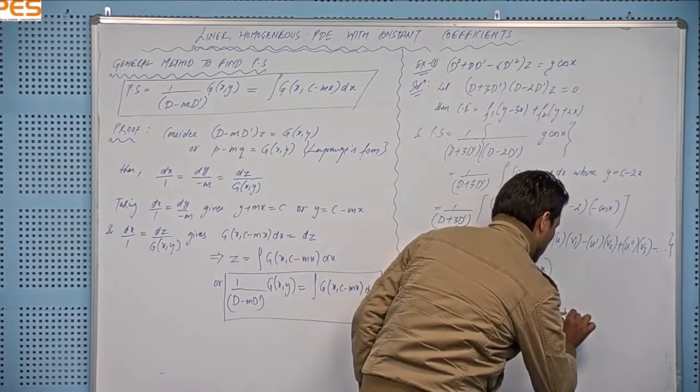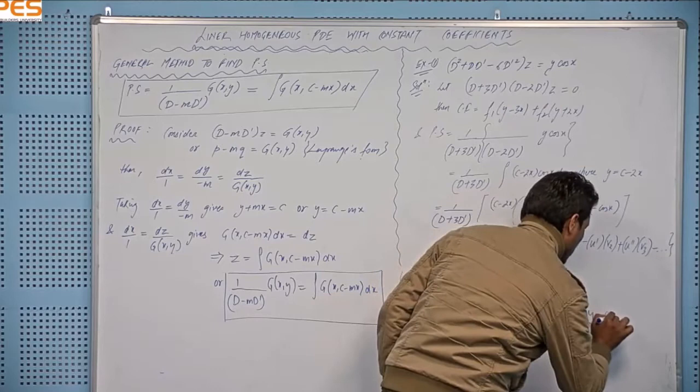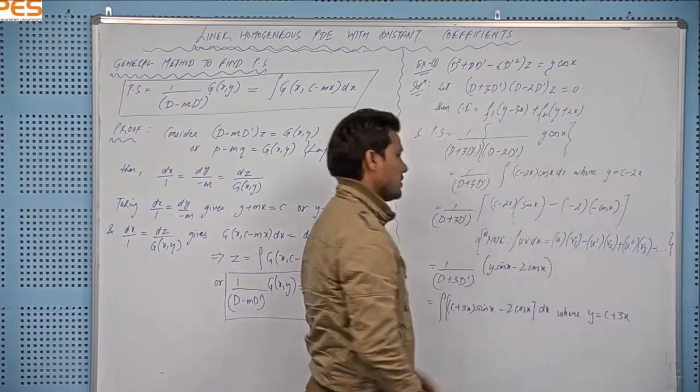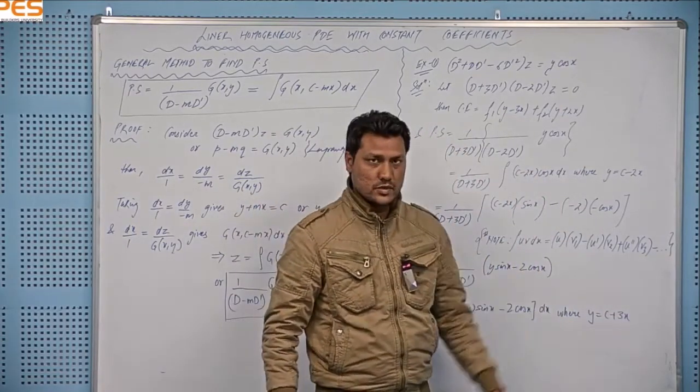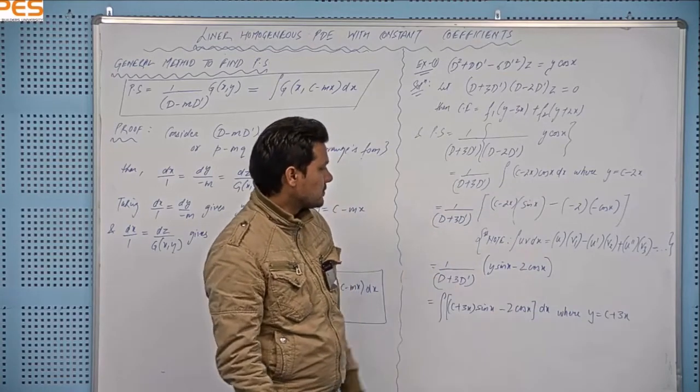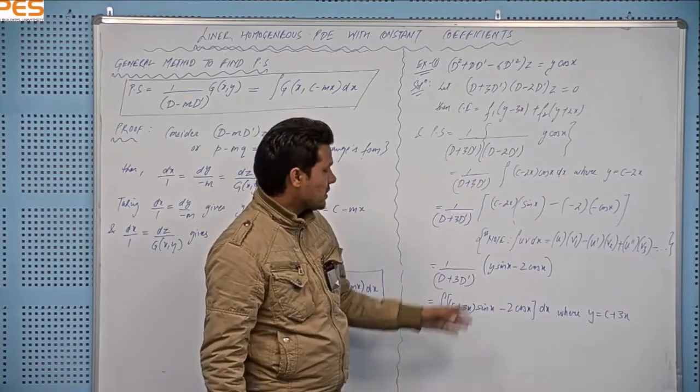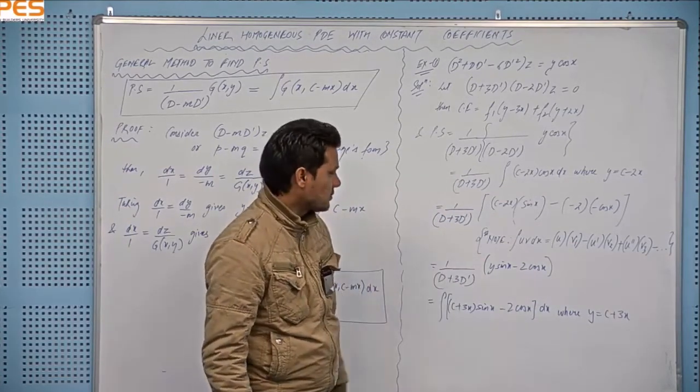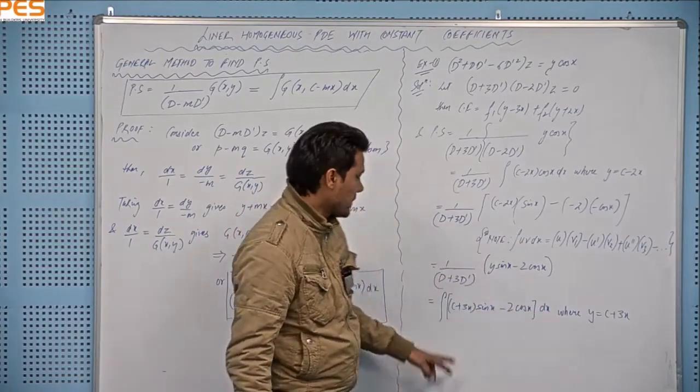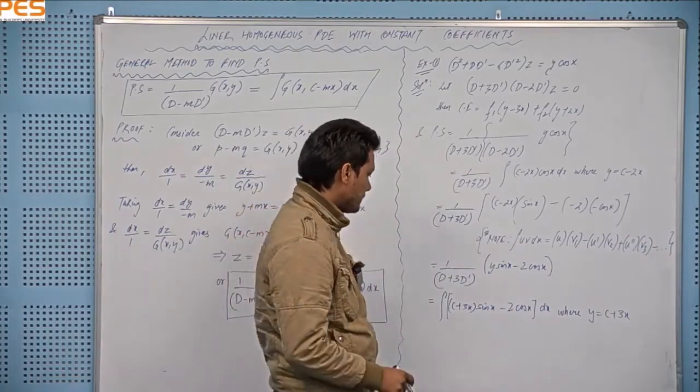We have to mention it, y is equal to c plus 3x, right? You can use another constant k plus 3x, because c has been used, but that is immaterial, because c has again been replaced by y. You can use c again. Okay, c plus 3x.